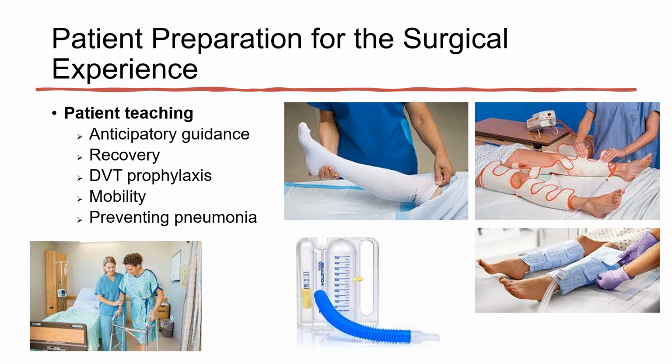You want to let the patient know mobility is so important. So after surgery, when you wake up, we're going to let you rest for 30 minutes and then we're going to get you up and walking. We want to prevent pneumonia. When you're under anesthesia, everything relaxes. You're intubated, so there's a machine breathing for the patient.